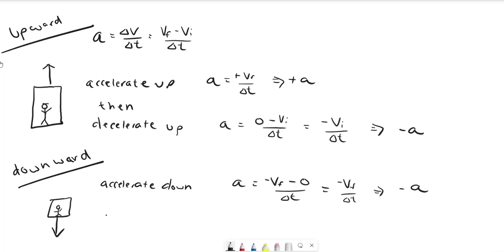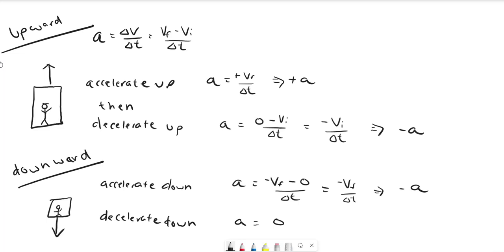And then we're going to decelerate down. And this is resulting in a kind of double negative almost, right? So our acceleration is going to end up being positive and we're going to feel heavier, right? So for decelerating down, our final velocity is 0. We're coming to a stop. And then our initial velocity is in the downward direction.